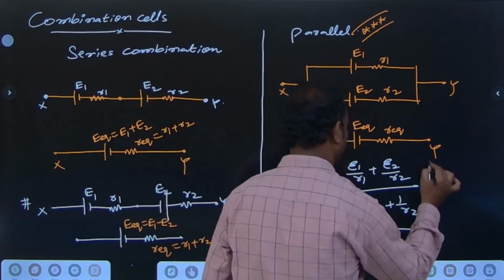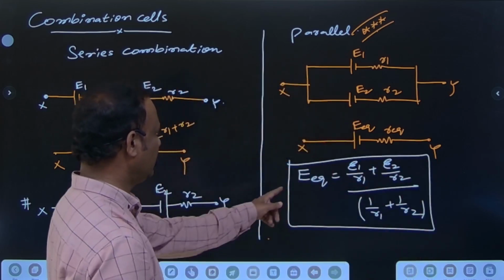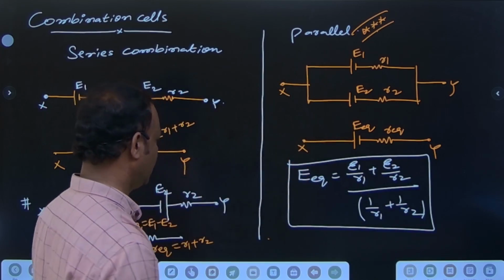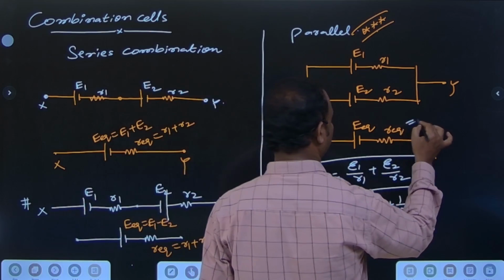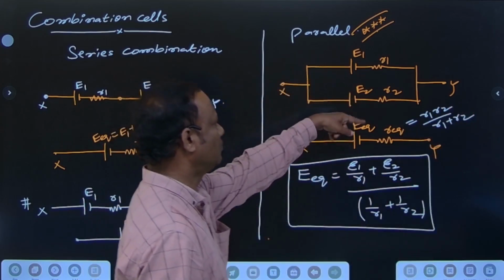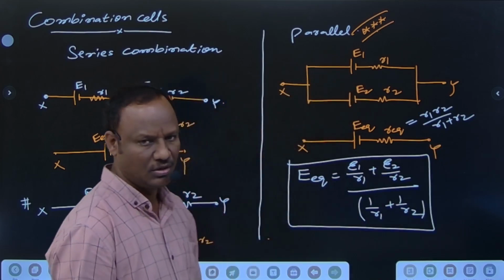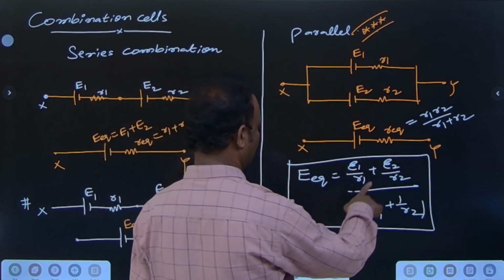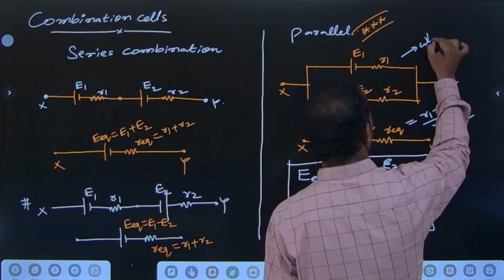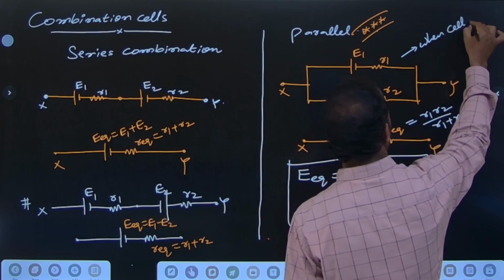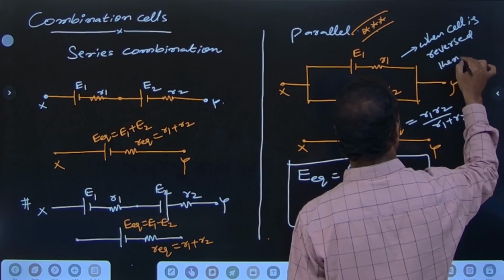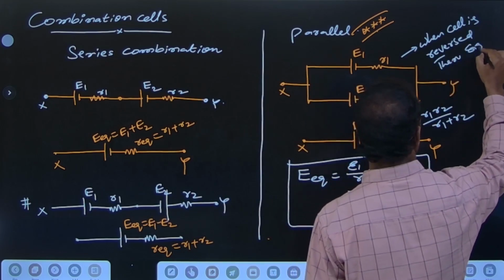This is a condition you need to remember. R equivalent is R1 R2 by R1 plus R2, because both of these are connected in parallel. When a cell is reversed, the sign changes.